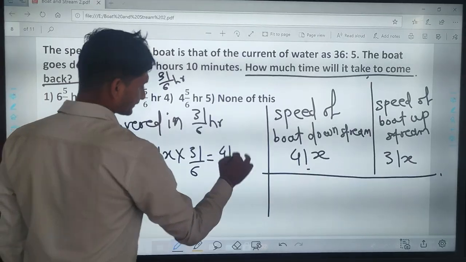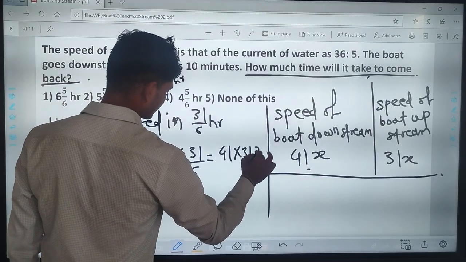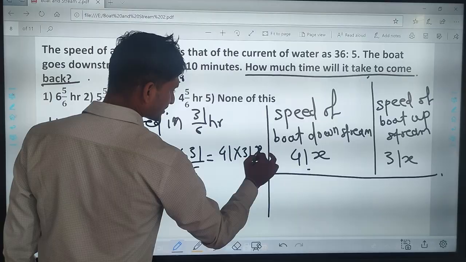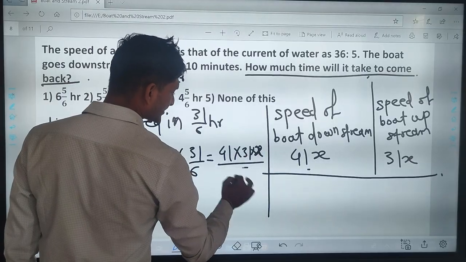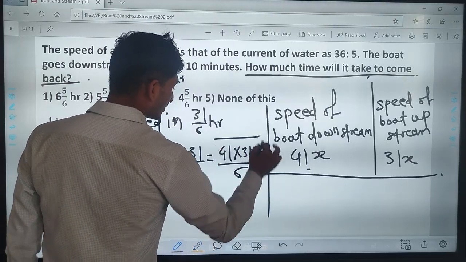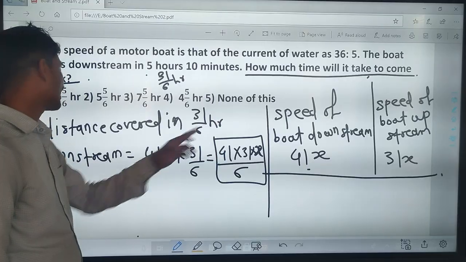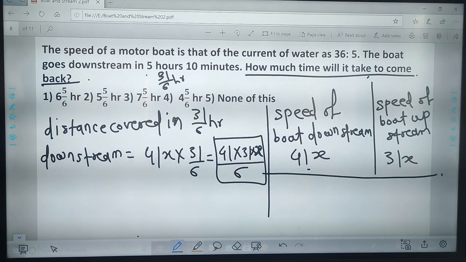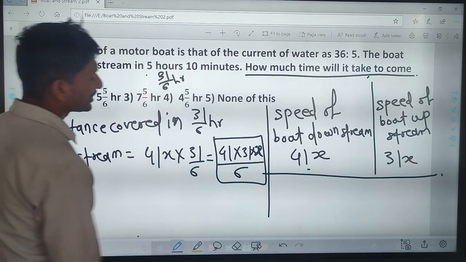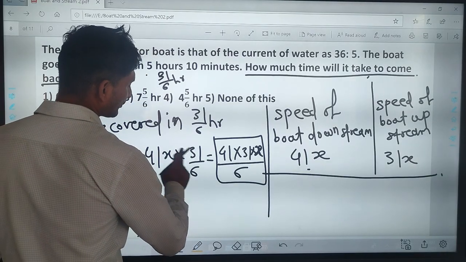So the distance covered is 41 into 31 into x divided by 6.